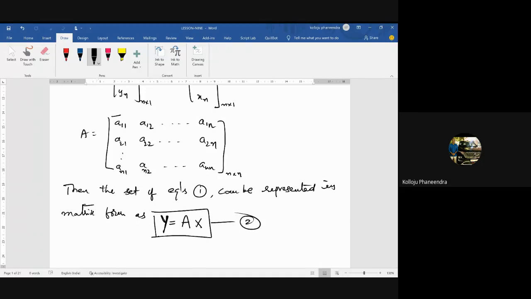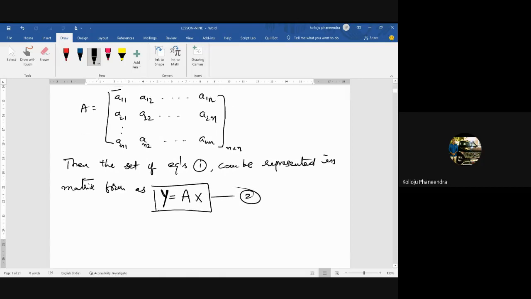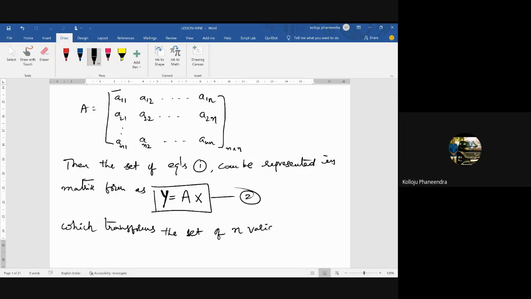Y equal to AX transforms the set of n variables x1, x2, and so on up to xn, to the set of n variables y1, y2, and so on up to yn.